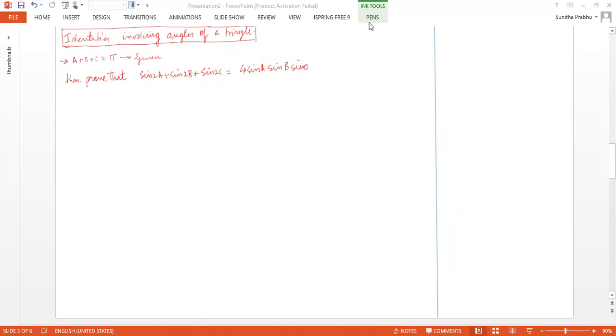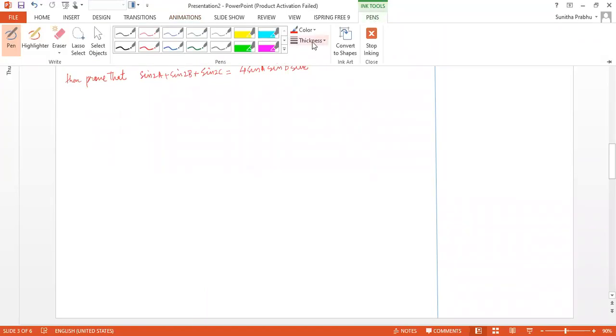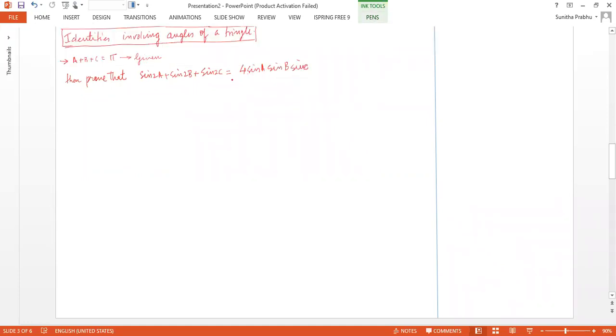Sir, I thought maybe because it's 4 sine A, sine B, sine C, and sine plus sine is 2 sine cos, sine A plus sine B. Don't jump into the solution. See, you see sum here, you have product here, right? And we know we have in our kitty sine plus sine. This is sum, we know formulae to convert it into product, isn't it?